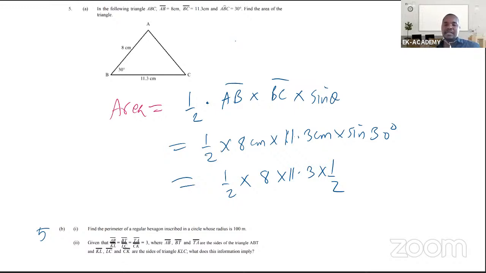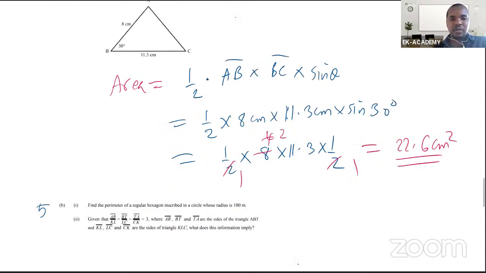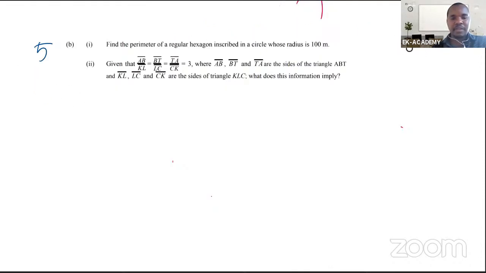So basically, when you simplify by 2, here will be 4, by 2 will be 2, here will be 1. So you have 11.3 times 2, you get 22.6 square centimeters. So that is the area of the triangle.